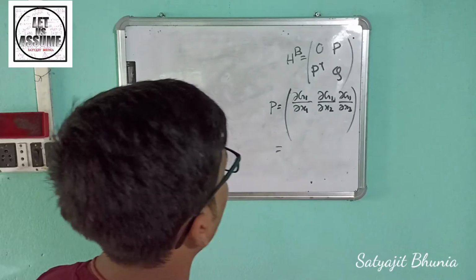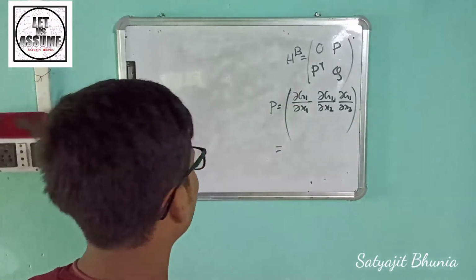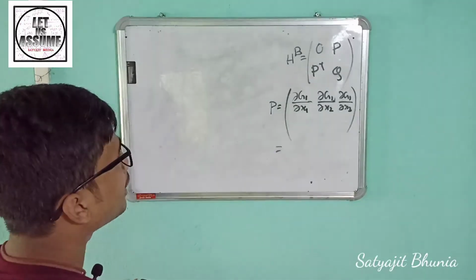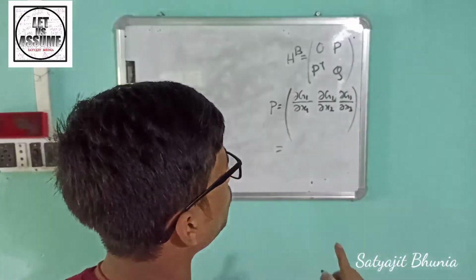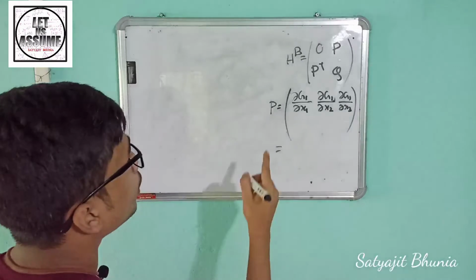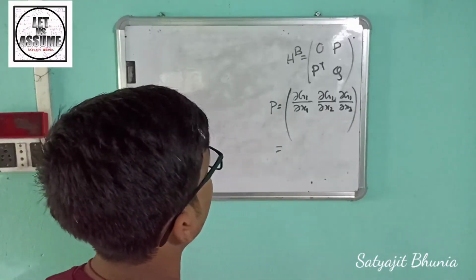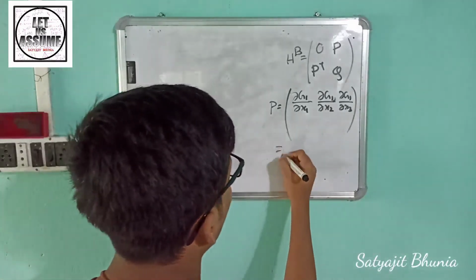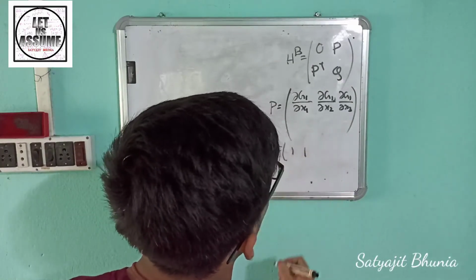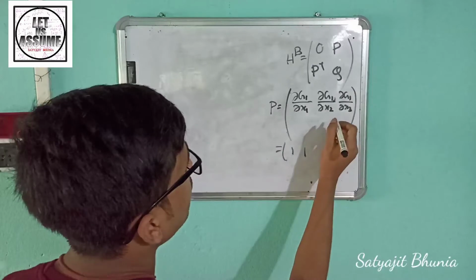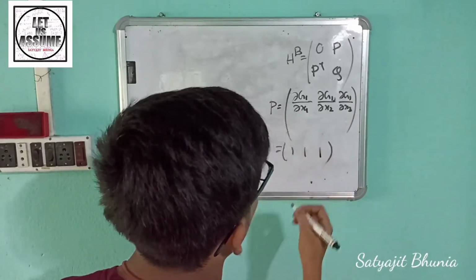So we will get the matrix P: what is the value of G1, capital G1, in x1, x2, x3? It is x1 plus x2 plus x3 minus 11. After differentiating with respect to x1 we get 1, after differentiating with respect to x2 we again get 1, and this also gives 1.